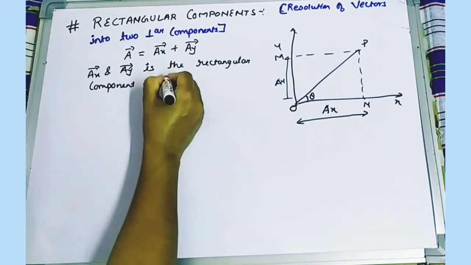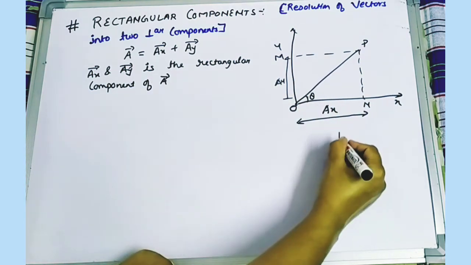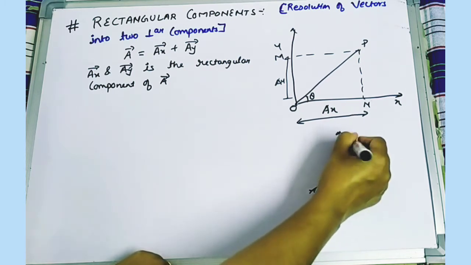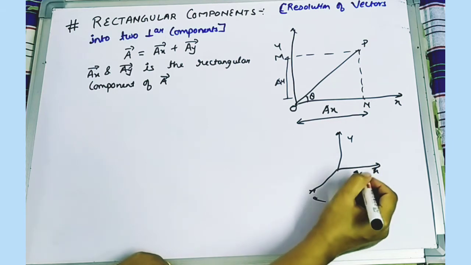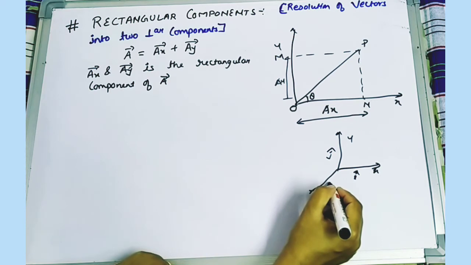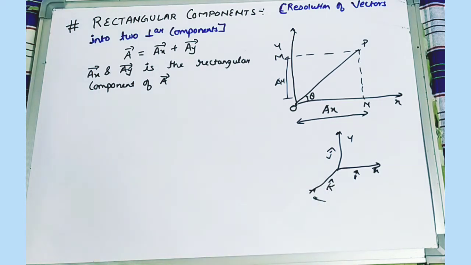of the A vector. In the previous video we discussed that if we have the x, y and z axes, then x is represented by a unit vector, that is i cap. This will be my unit vector j cap and this will be my unit vector k cap, right? This way I can represent i, j and k.